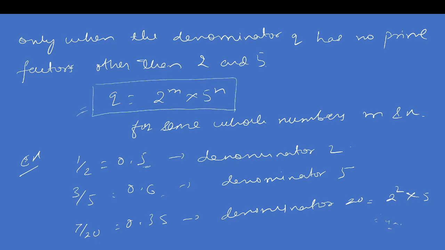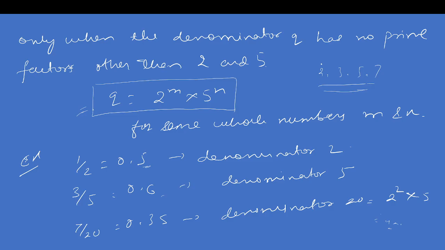q is equal to 2 to the power m into 5 to the power n, because there are only four prime numbers between 0 and 10: 2, 3, 5, 7. Okay, these are divisible only by 1 and themselves.